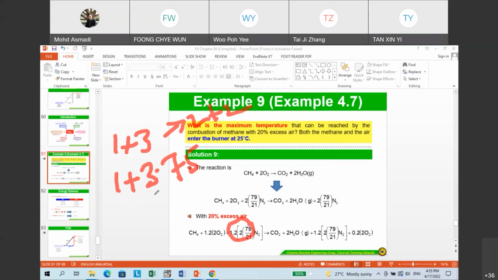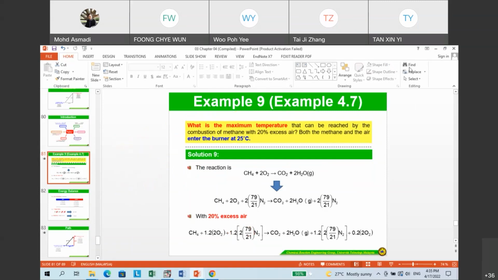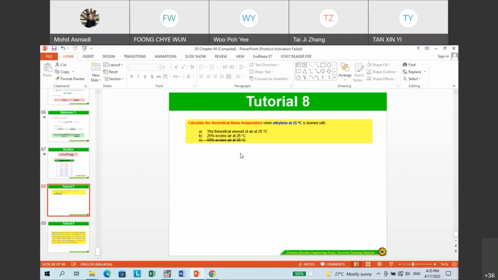So if you know tau is 2, T naught 298, then in the question for delta HP there is an unknown you have to find: the final T. You have to rearrange that equation. Because just now we already guessed tau equal to 2.